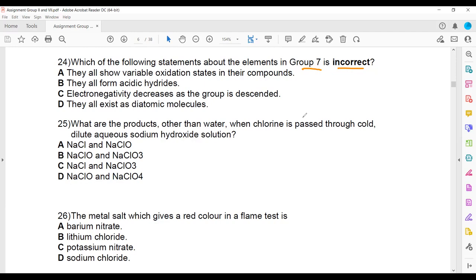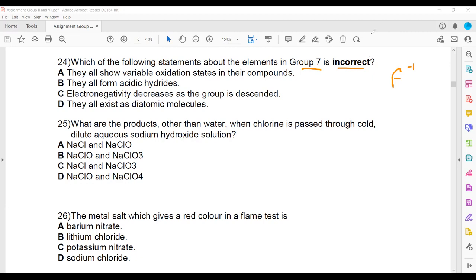Not all of them show variable oxidation states. For example, for chlorine, fluorine, bromine and iodine, the common oxidation number is -1. Few compounds are there in which they may have a different oxidation state, but not all show variable oxidation states in their compounds. That's incorrect because fluorine does not show any oxidation state other than -1.